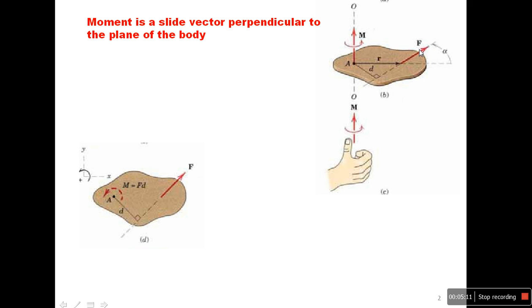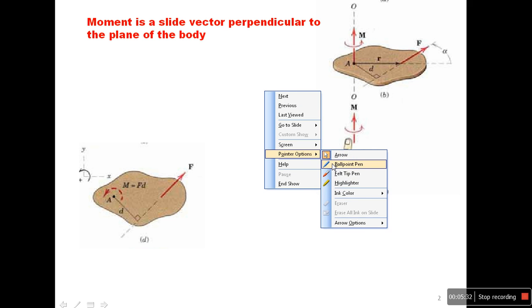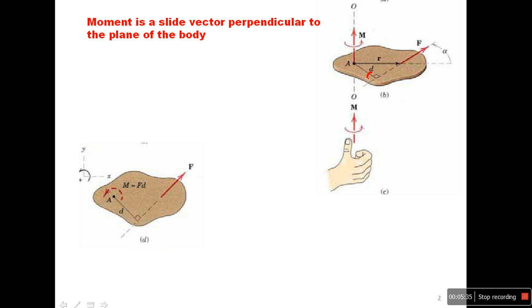I can move this force here, depending on the principle of transmissibility, and get the perpendicular distance at a right angle. F multiplied by D gives the moment.